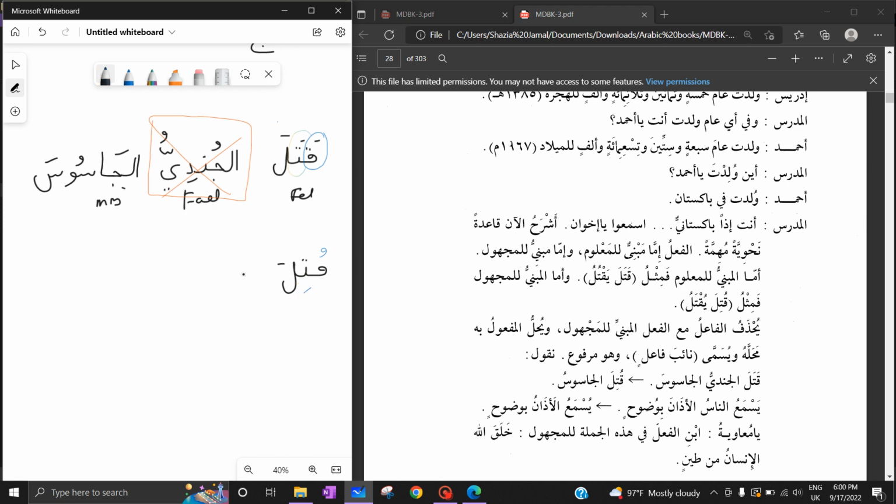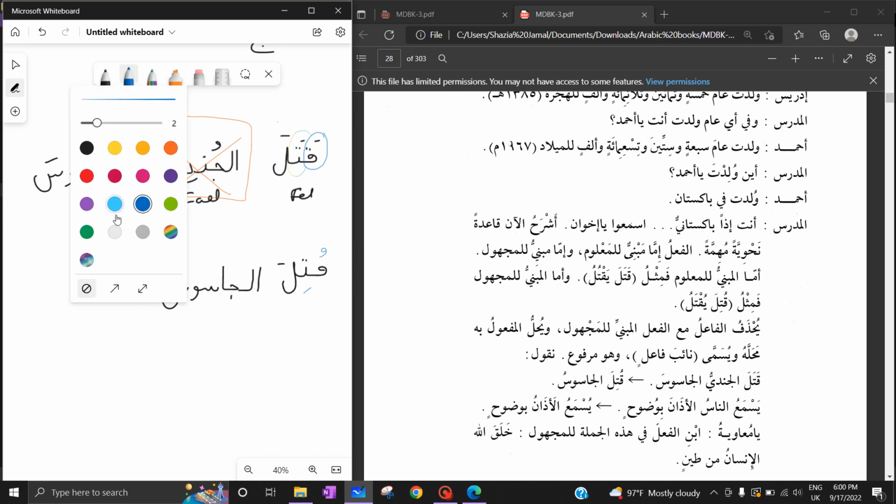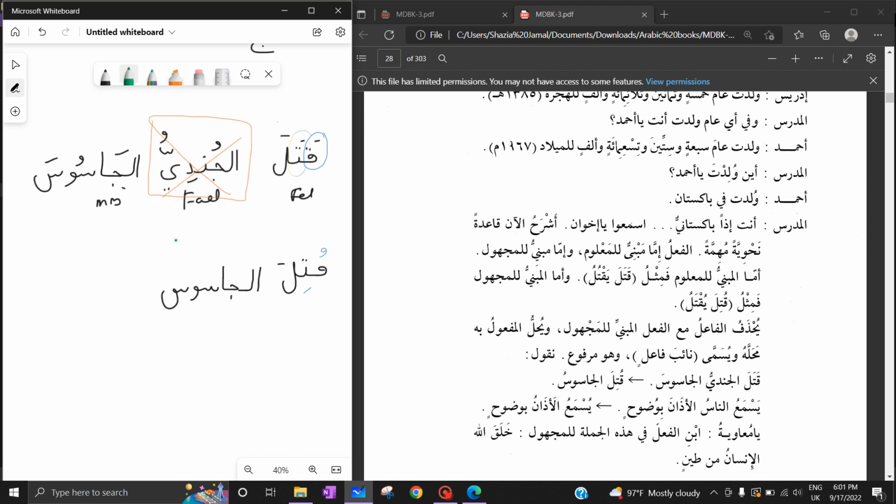Then this fail is deleted and jasus will take the place of the fail. Al-jasus. Now what happens about the haraka? The haraka changes from fatha.